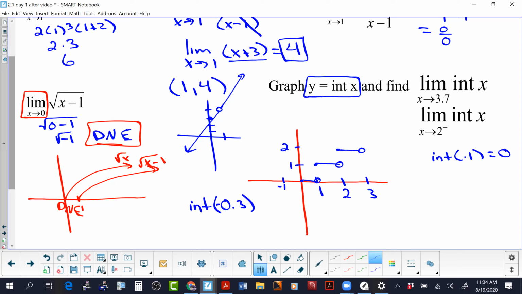Yep, it's bigger. Can't have that. So that's down here. The greatest integer of negative 1.4 is negative 2. Like that.